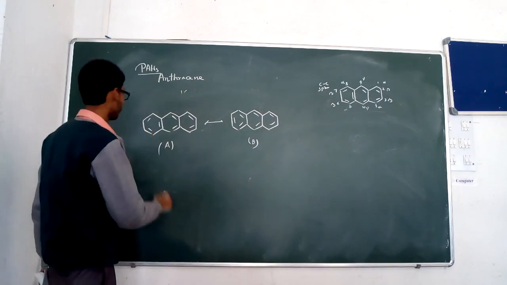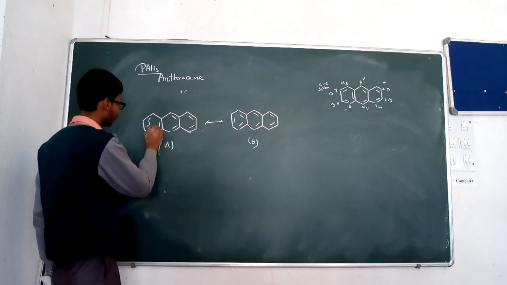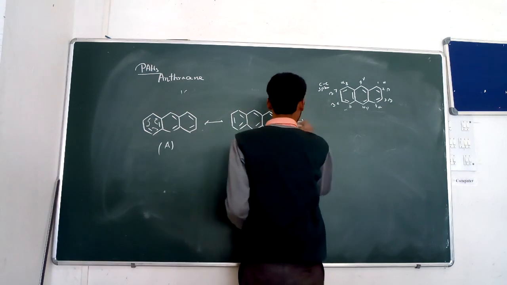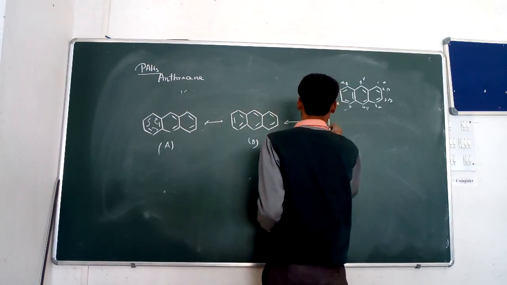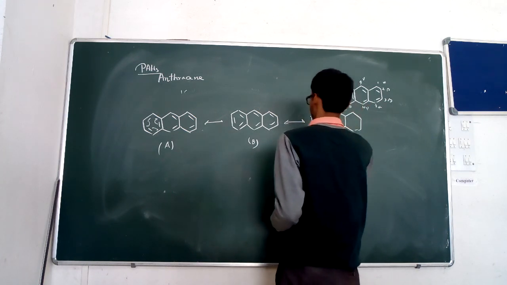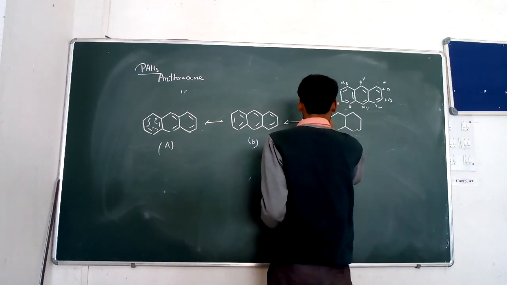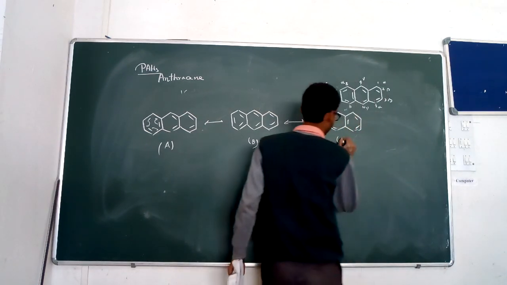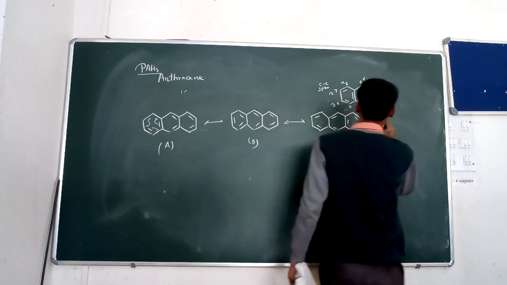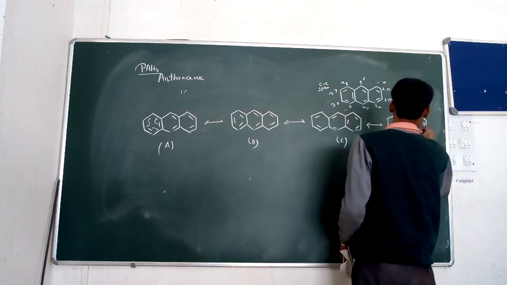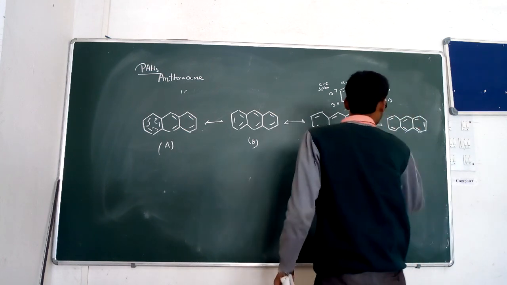Then the second form, here the bond is shifted. That is the third form of the resonating structure, and it forms another resonating structure to stabilize it. And that is the fourth form.